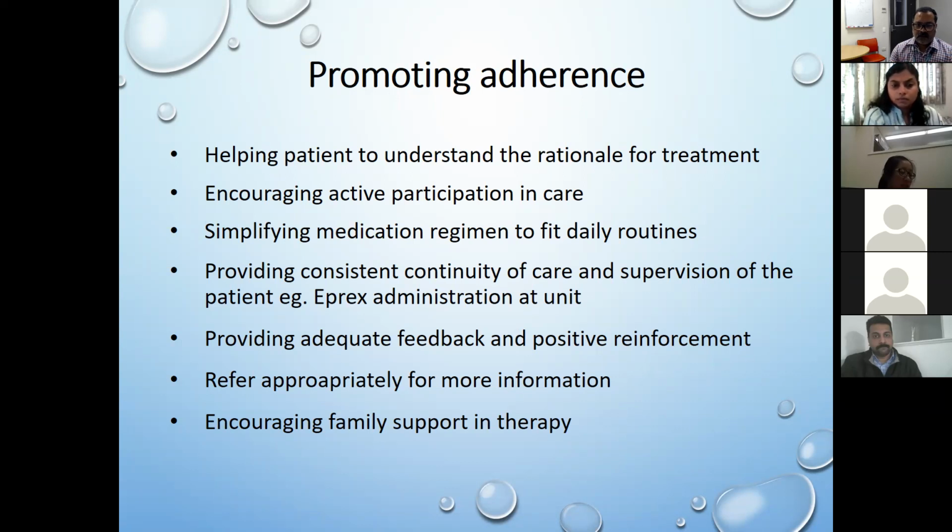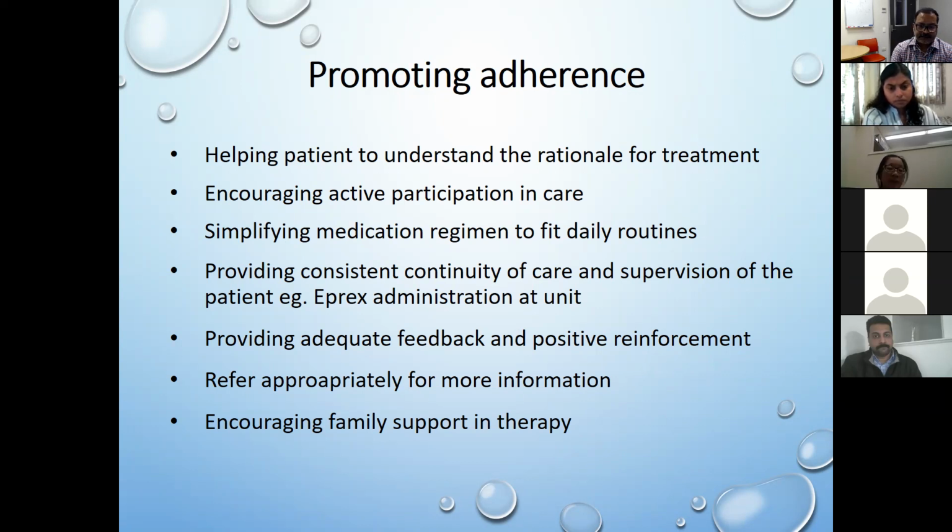Providing consistent continuity of care and supervision of the patient. So being able to assist with, like, your vancomycin administration in the unit. Providing them with feedback about how they're going, positive reinforcement. Hey, your blood tests are looking really good this month. I think you've been working really hard with your phosphate management.